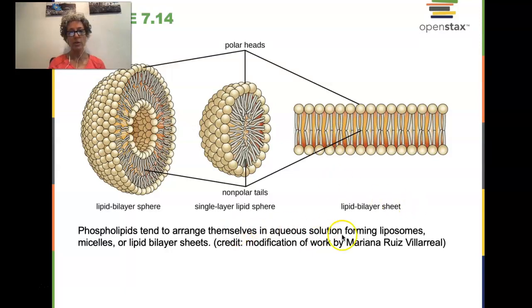So if we were to put them individually just in an aqueous solution, meaning a polar water-like solution, they tend to form these liposomes. So S-O-M-E means bag of, so it's a bag of fat. We could have a lipid bilayer sphere, or we could have a single layer sphere.